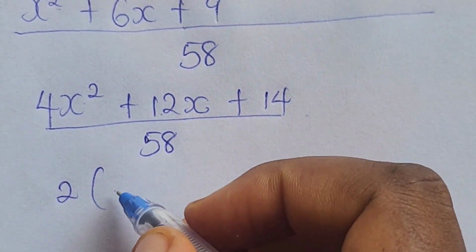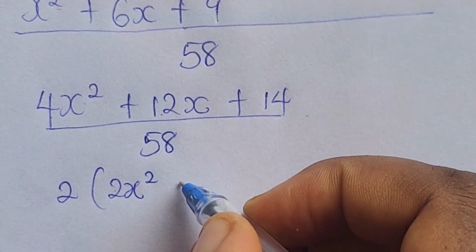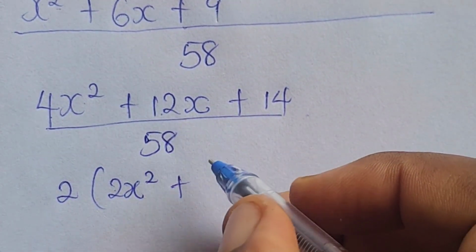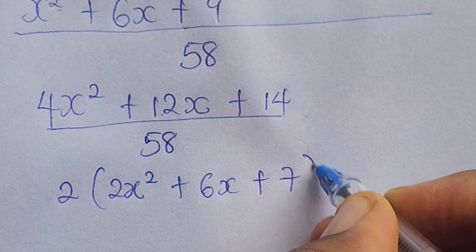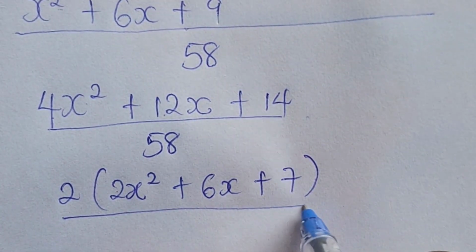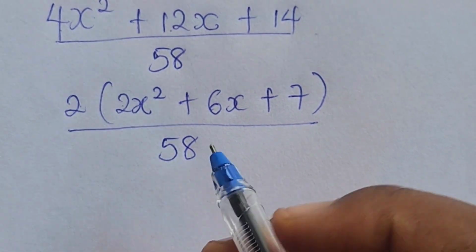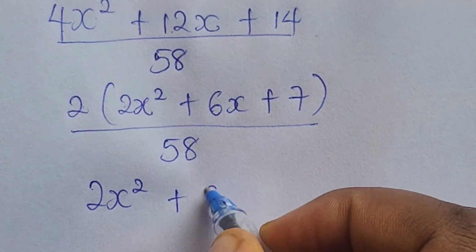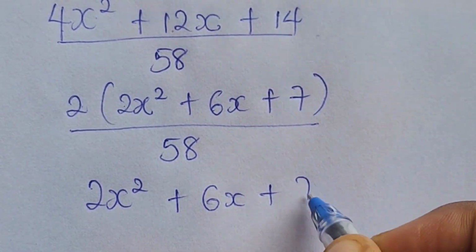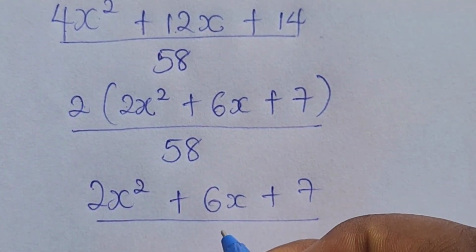We are left with 2x squared plus, when we factor 2 from 12, we have 6x plus 7 all over 58. So 2 into 58, we have 29.